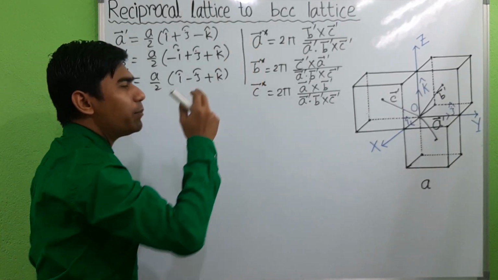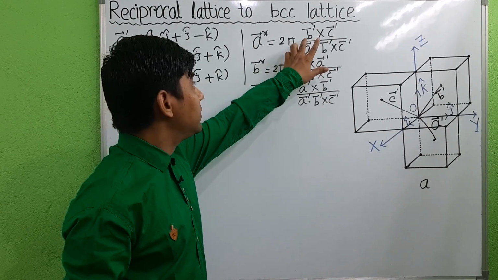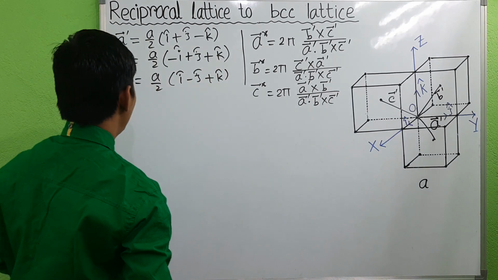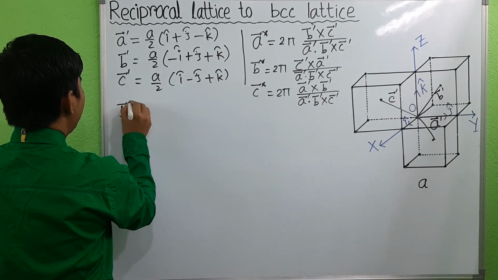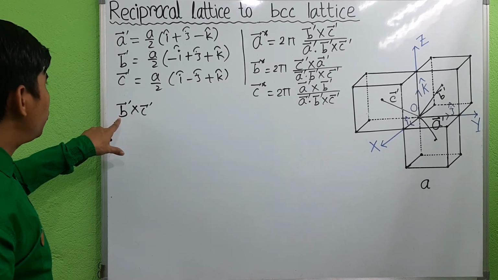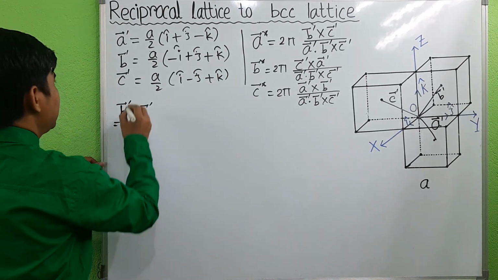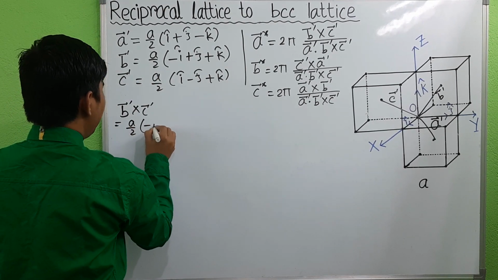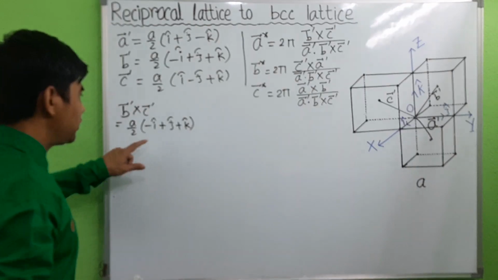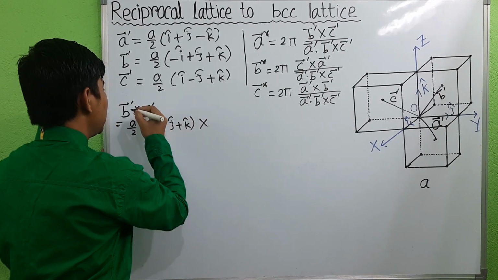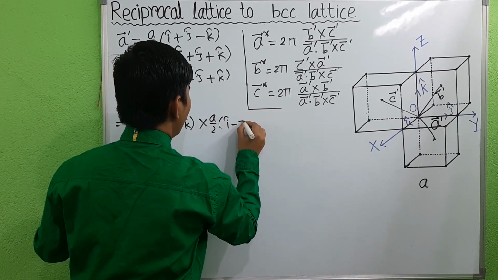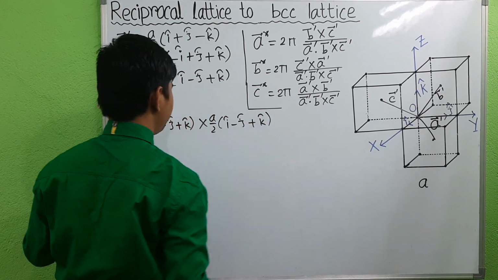To calculate a vector star, we first calculate the b vector dash cross c vector dash term. If we put the values of b dash and c dash, we get a by 2 (minus i cap plus j cap plus k cap) cross a by 2 (i cap minus j cap plus k cap).